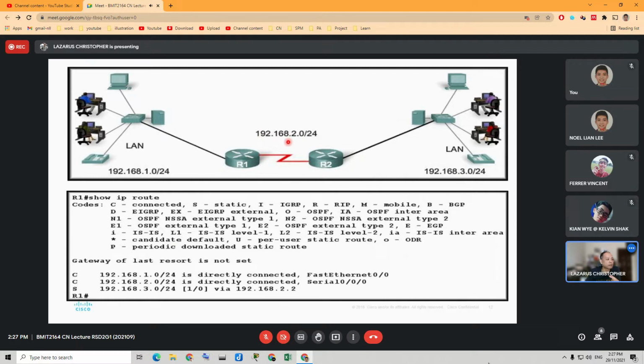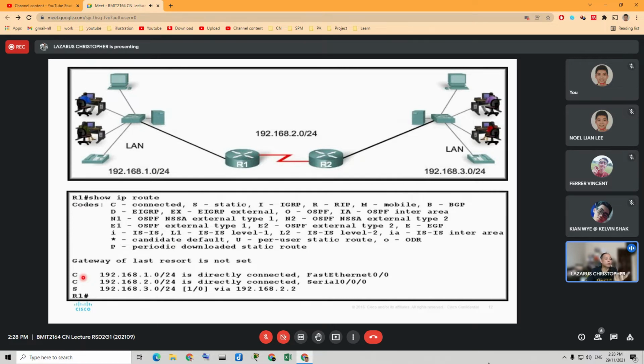So we see C is connected, or directly connected. We see dot 1 and dot 2, this one and this one. What about this one, dot 3? This is remote to R1, correct? So it's not automatically detected by the router. So it's not C.